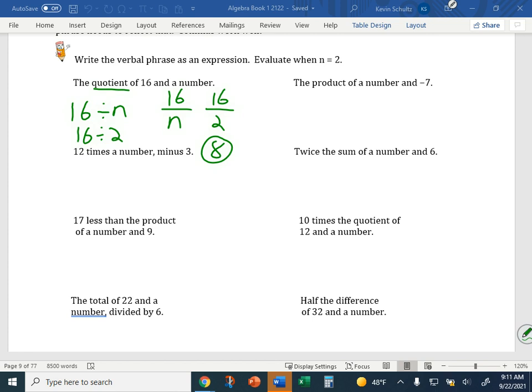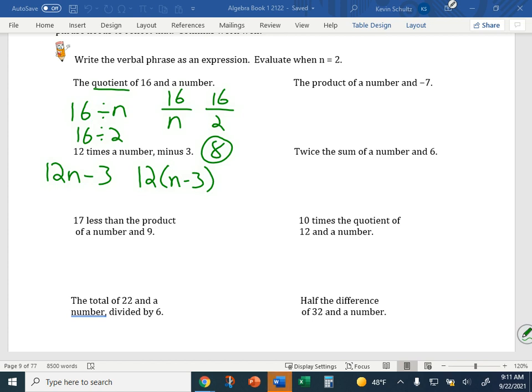There are a couple of different ways you can interpret that, right? You could think about it as, okay, I'm taking 12 times a number and then subtracting 3 from that. Or you could say, I'm taking 12 and I'm multiplying that by a number minus 3. Right? Those both kind of say the same thing, but they're going to give you very different answers.